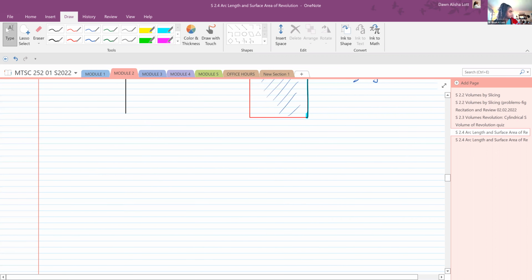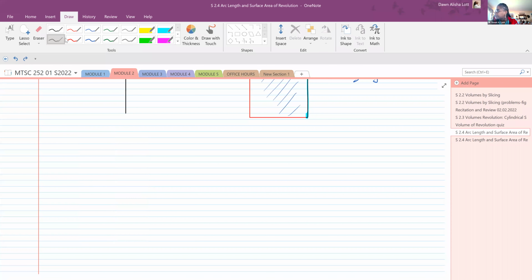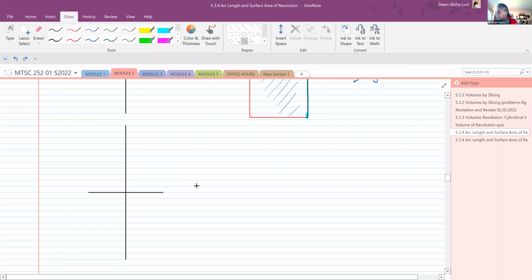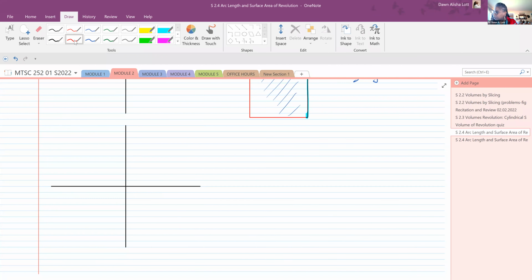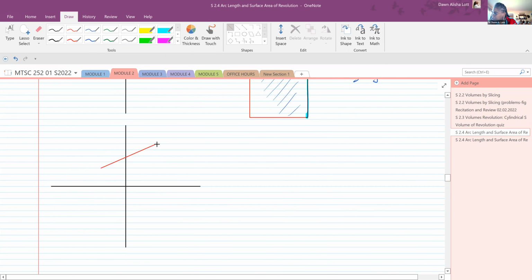So now let's look at this. So suppose now we have something that looks like this. So now I want to take that line and I want to revolve it around the axis. So when I take that line and revolve it around the axis, I end up with something that looks like this.